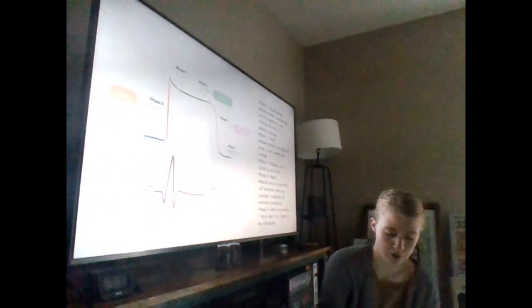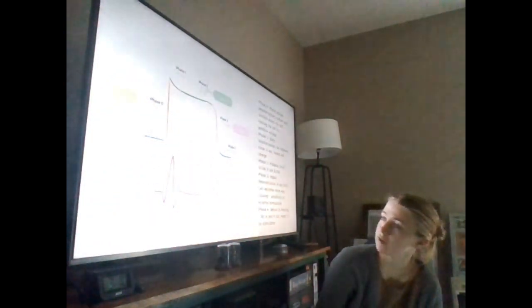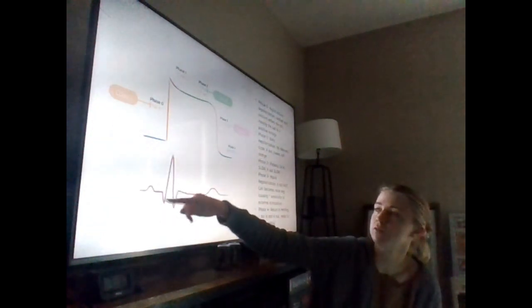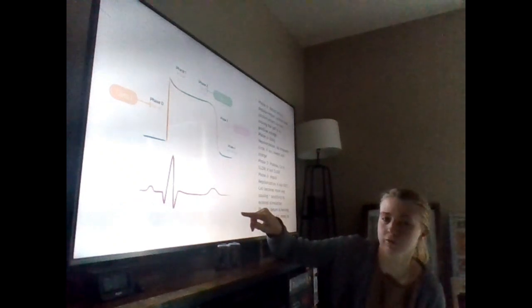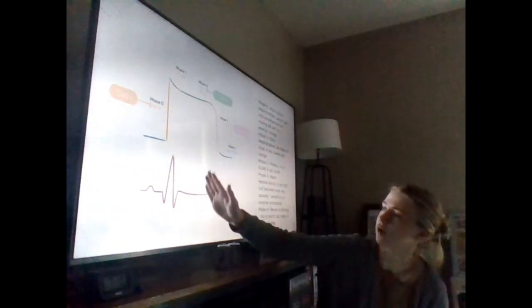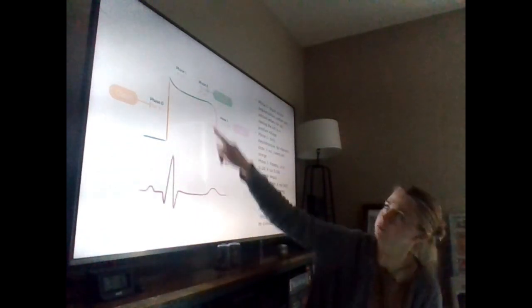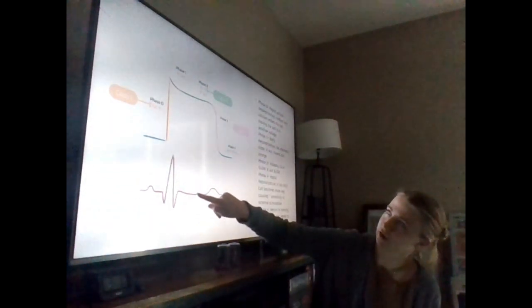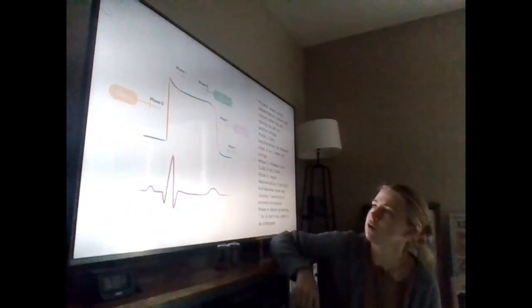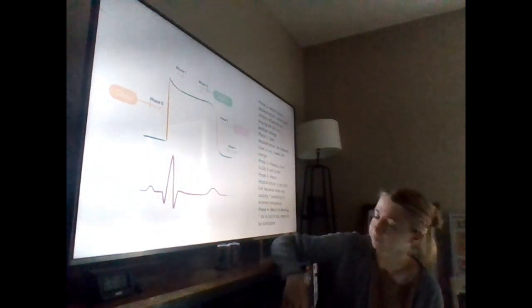This is shown on your EKG as your ST segment, right here. And do note that this drawing of your waveforms is exaggerated to match up there. So the ST segment would match that green line, and your P wave and QRS match where your rapid depolarization is.